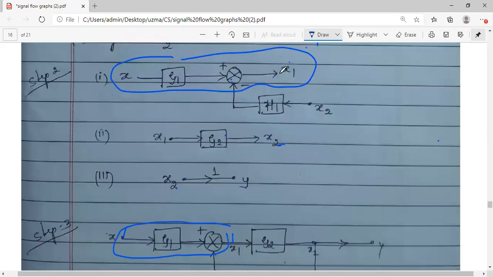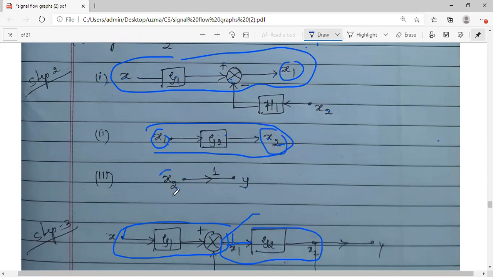After that, observe this x1 and this x1. एक ब्लॉक का जो आउटपुट है दूसरे ब्लॉक का इनपुट है, तो आप यहाँ से कंटिन्यू कर सकते हो. So the same line I'll continue and draw this. So I have drawn this. And ये जो आउटपुट है इसका इनपुट है. So I will continue the same line and draw y. Okay.